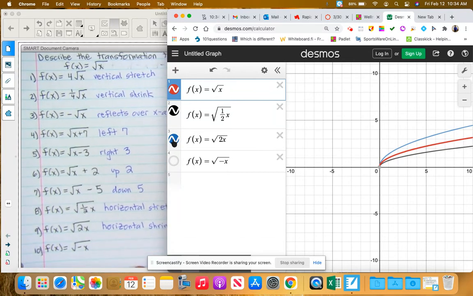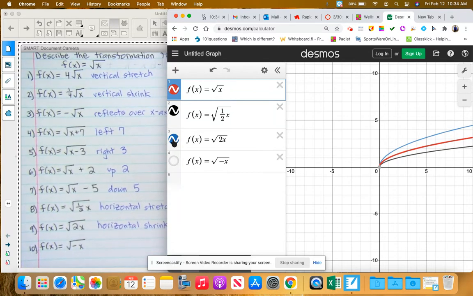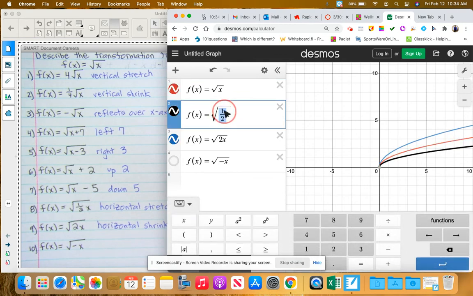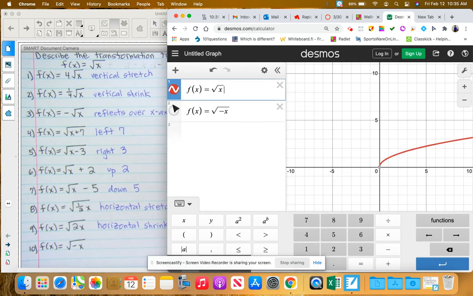And the last one that I want to put in here, number 10. So let me get rid of those. So if you have a number on the inside in front of your x, if that number is between 0 and 1, it's going to be a horizontal stretch. And if you have a number in the front that's greater than 1, that is going to be a horizontal shrink.